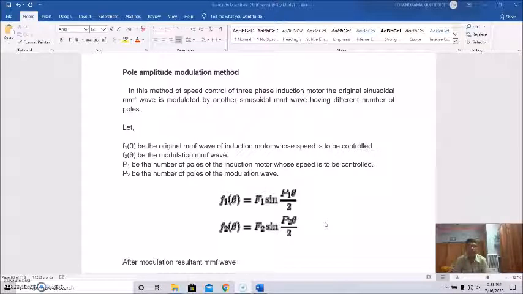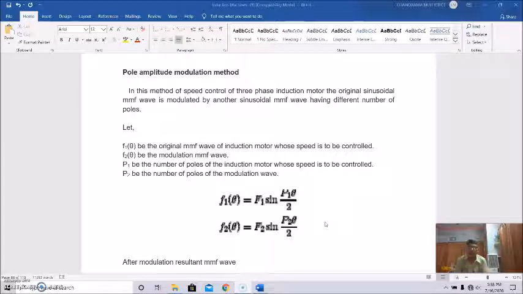Suppose F1(θ) is the original MMF wave of the induction motor whose speed is to be controlled, and F2(θ) is the modulation MMF wave.